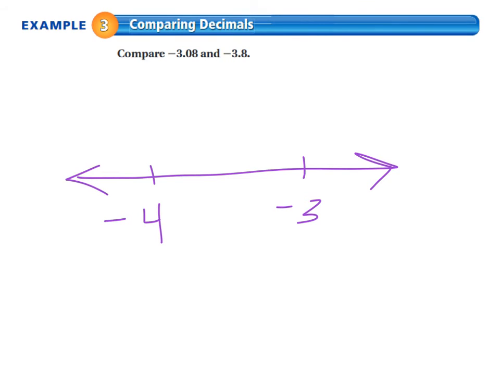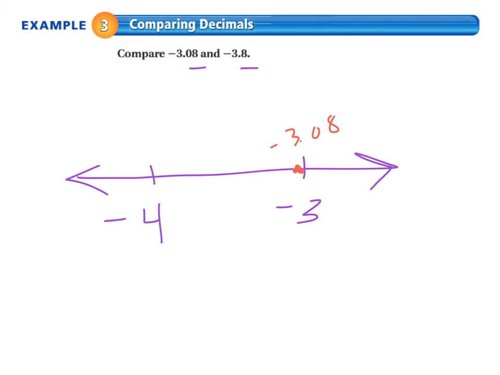So you have to be really careful when you're looking at the place value here and here. 3 and 8/100ths, that's actually really close to negative 3. So I'm going to place that right here. I mean, that's almost negative 3. It's just a touch over. It's right there.